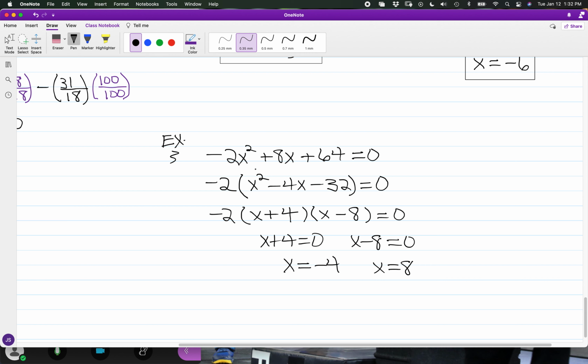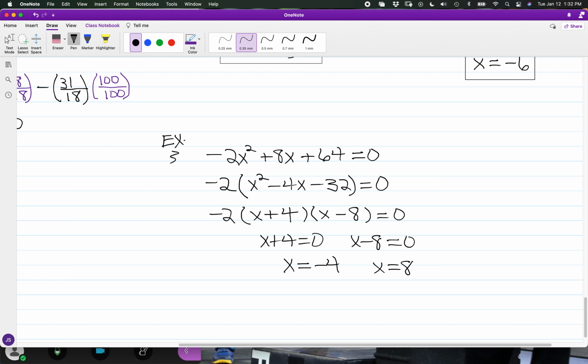Like the square of negative 4 is 16. Negative 2 times 16 is negative 32, and 8 times negative 4 is another negative 32. And negative 32 plus negative 32 is negative 64, plus 64 is equal to 0.